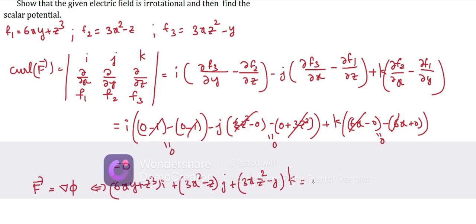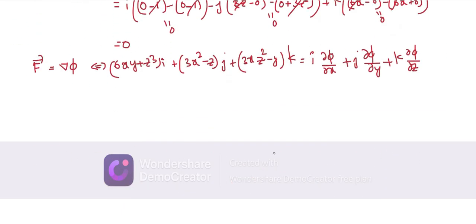What is that? It is i into dou phi by dou x plus j into dou phi by dou y plus k into dou phi by dou z, right? Okay. Now we have to calculate the value of phi.